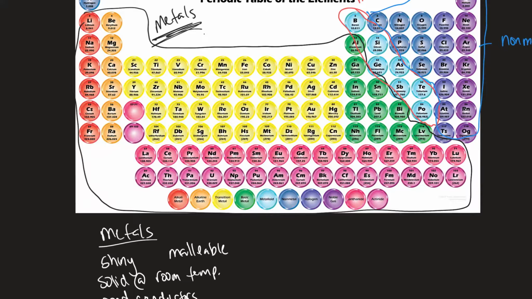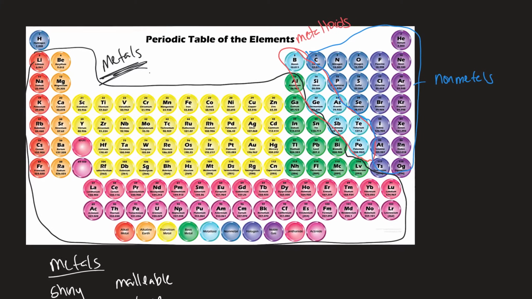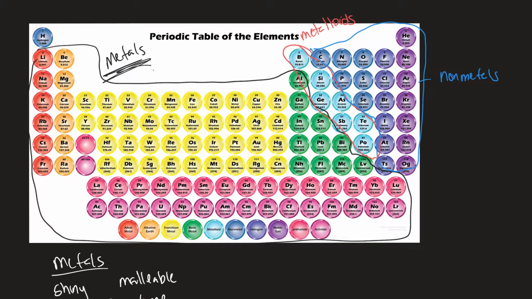Now we have this middle section here that I talked about earlier, your metalloids. We have our metalloids, and they're located around this zigzag area between your metals and your non-metals. Now, there's debate about what elements are considered to be a metalloid.